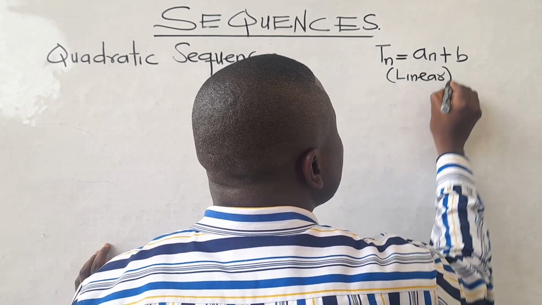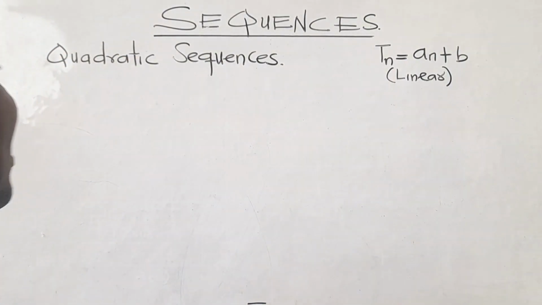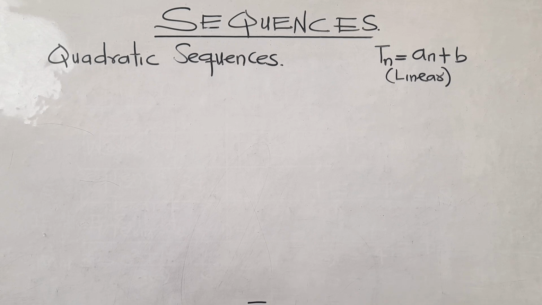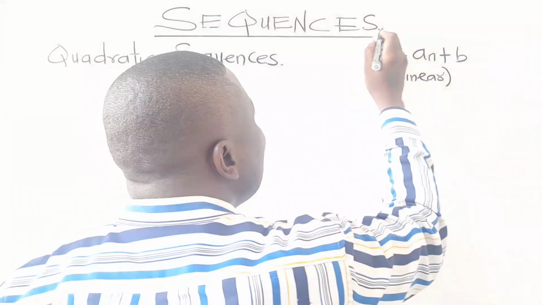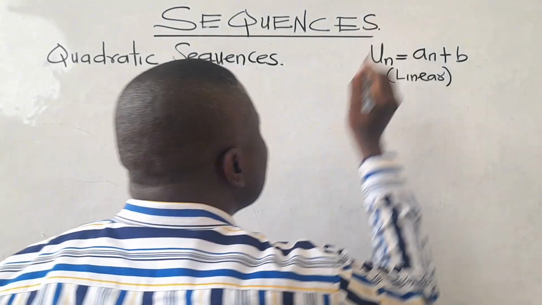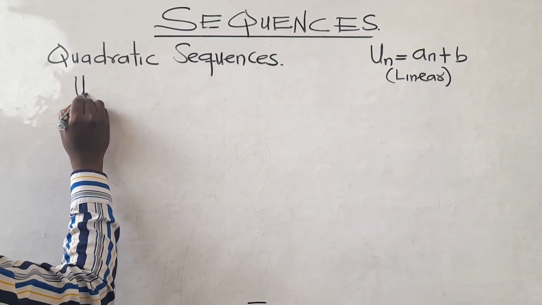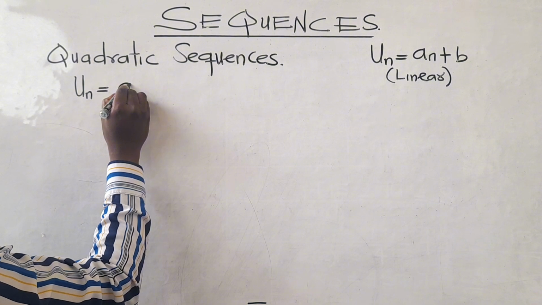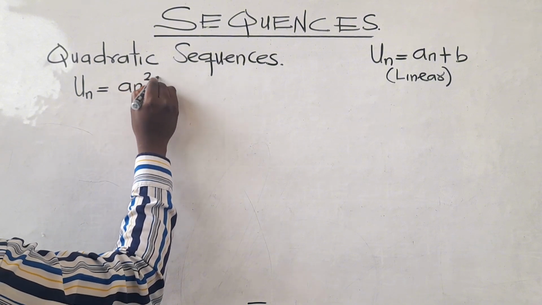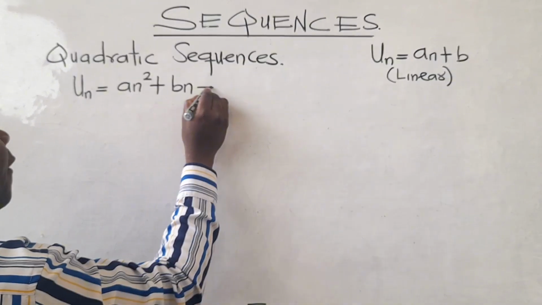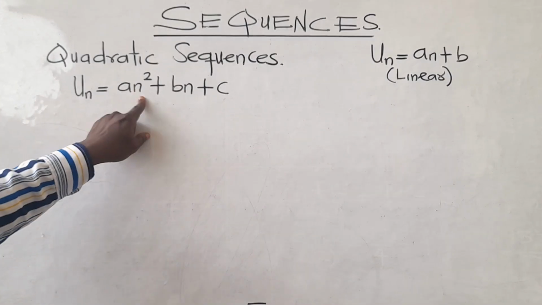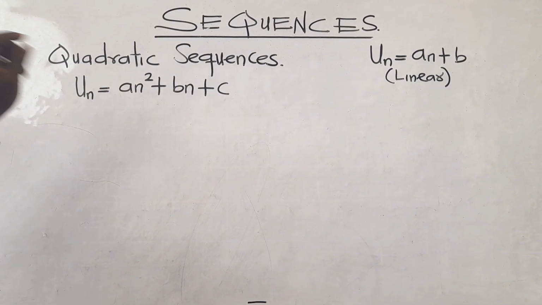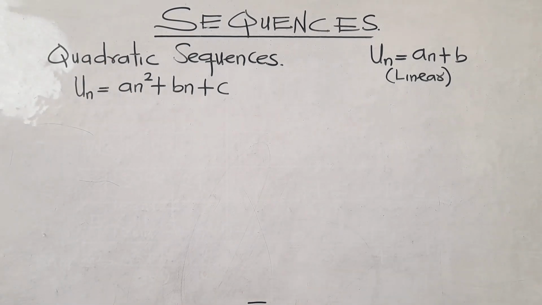But for quadratic sequence, we're going to have something like this: an squared plus bn plus c. The power of n is 2.